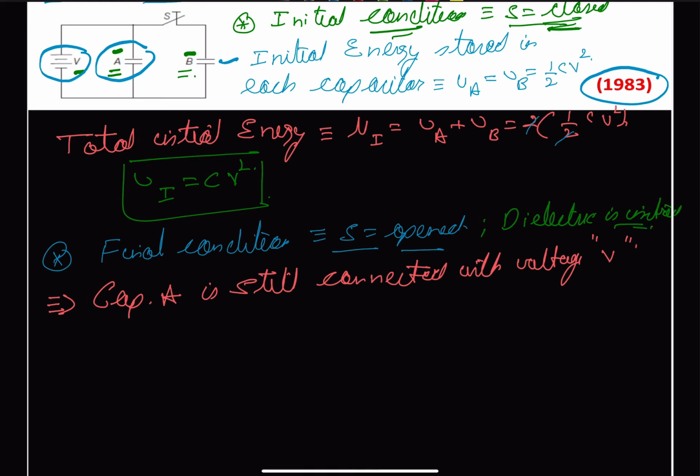So with the insertion of a dielectric, the capacitance of capacitor A will be K multiplied by C, where K is our dielectric constant.